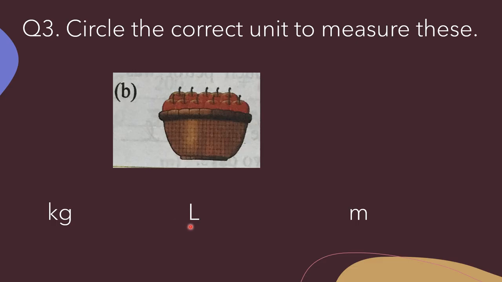Okay, and liter जो है वो liquid things के लिए use होता है and meter जो है that is used for length. So here kilogram is the correct unit to measure this. So we will circle kilogram. So we will write here answer kg.